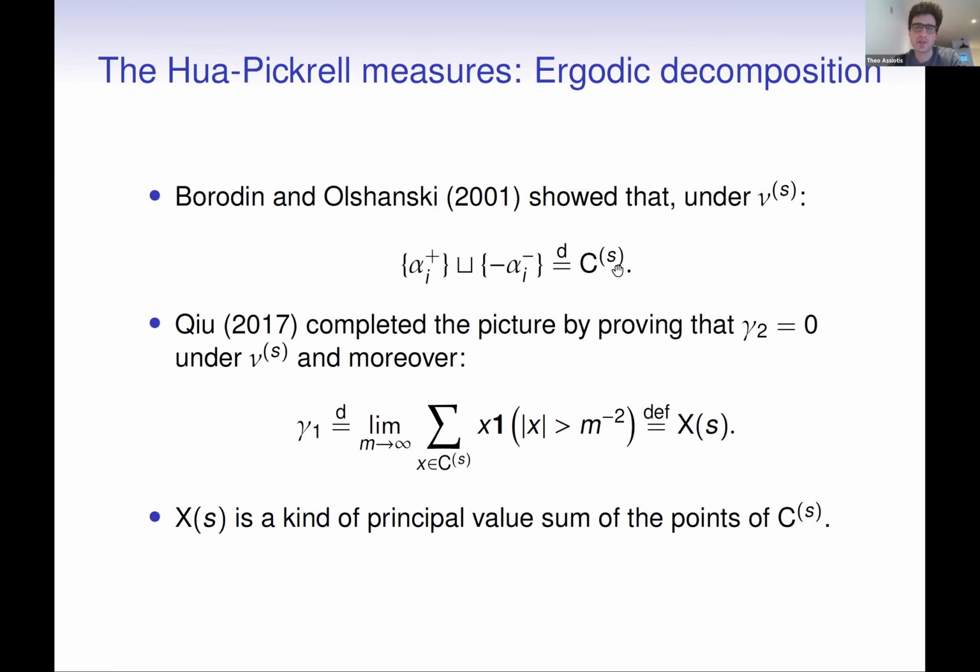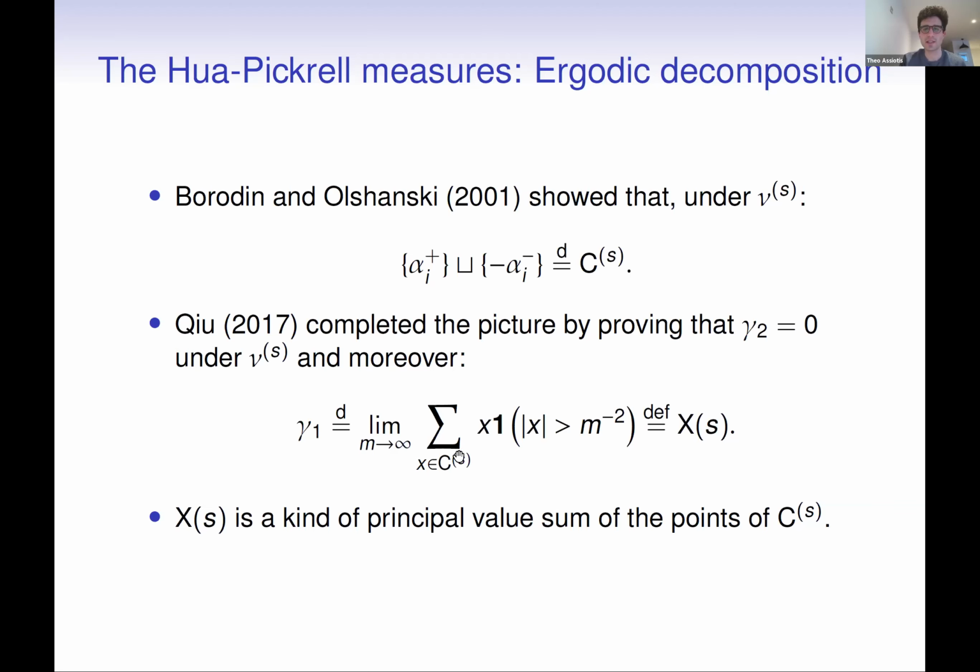So the alpha plus and alpha minus parameters were completely understood in this paper already. They proved that for S equals 0, which is quite special, as I mentioned earlier, gamma 2 is 0 almost surely, but for S not equal to 0, they believed that it was still 0. But the parameter gamma 1 was not studied at all. Then around 15 years later, Qiu proved that gamma 2 is always 0, as they believed.